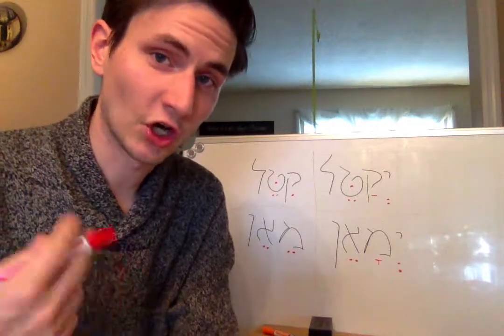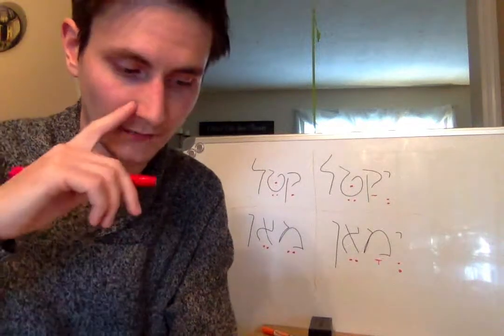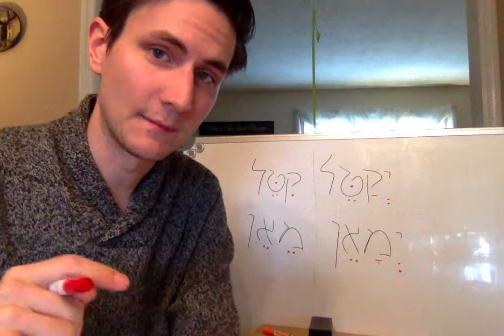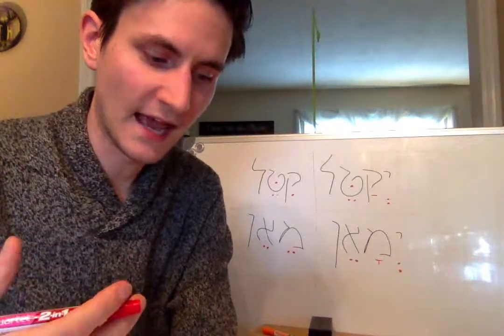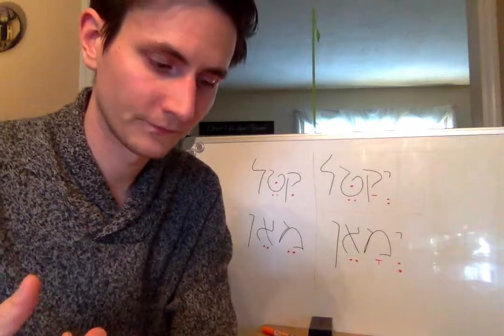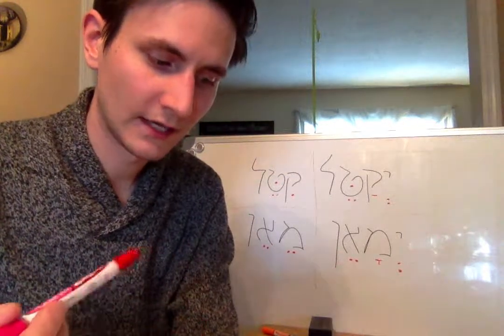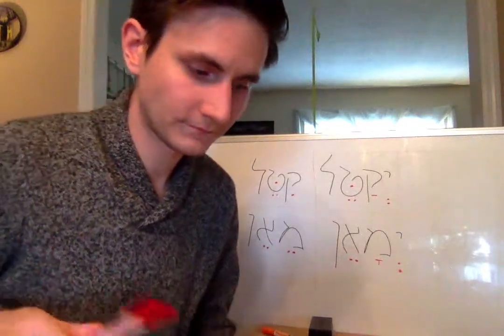In the Piel, it means to curse or to treat lightly. And if you look at kavad in the Piel, it's kibed, and that also means more intense: not just to be heavy, but to honor. So kalal, to be light in the Qal, and then in the Piel, to curse or treat lightly.